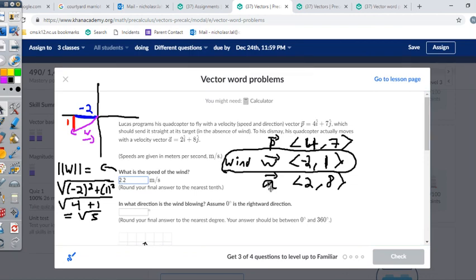All right. What is the direction the wind is blowing? Now theta, our angle, is right here. And theta, to find theta, that's going to be equal to the inverse tangent of the opposite 1 over the adjacent, which is going to be -2.